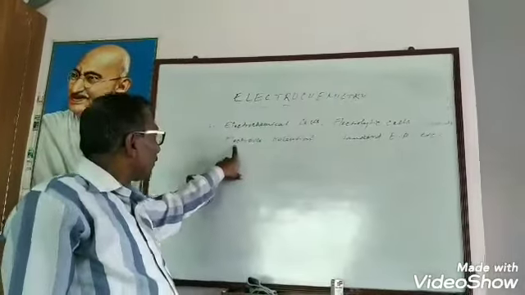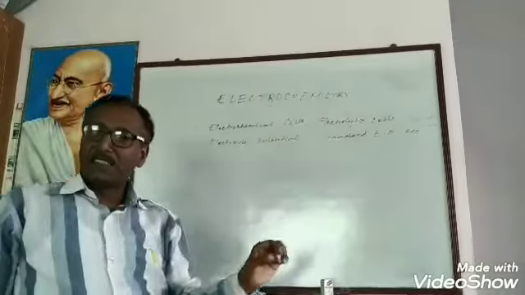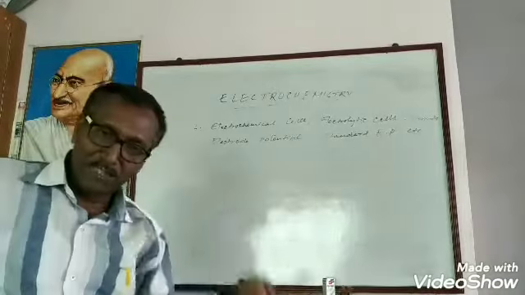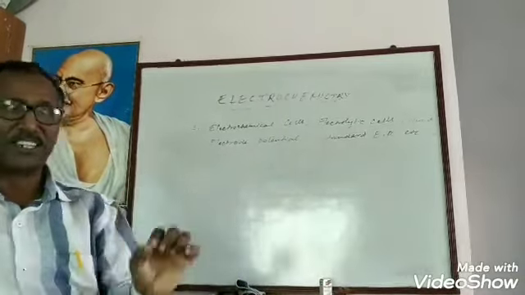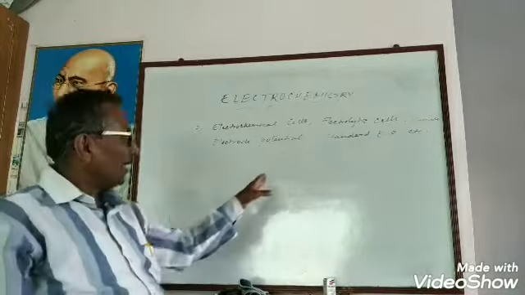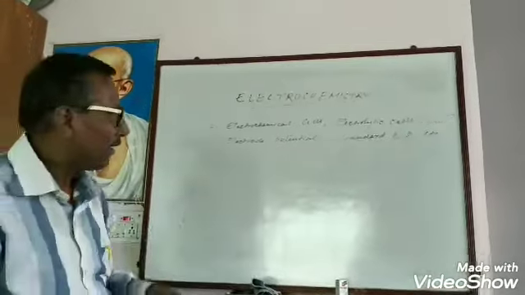Now we come on to electrode potential. It is a measure of the tendency of oxidation or reduction when an electrode is in contact with its electrolyte.